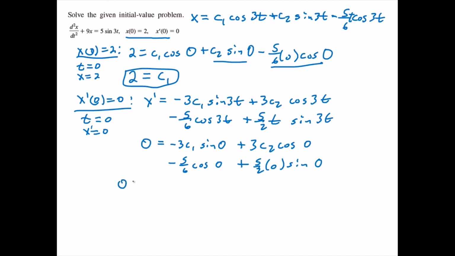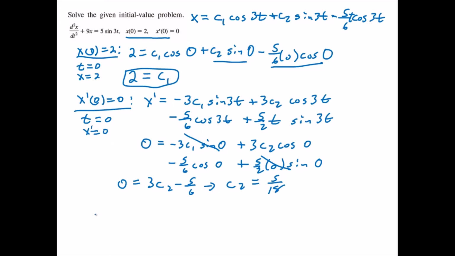And what will happen is we'll wind up with 0 equal to, well, this term will be 0 and this will be 0. So we'll simply get, well, the cosine of 0 is 1, so we'll get 3c sub 2 minus 5/6. And when we solve this for c sub 2, we'll find that c sub 2 will be 5/18.